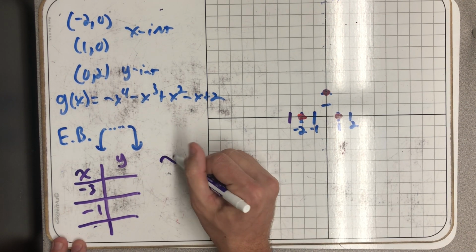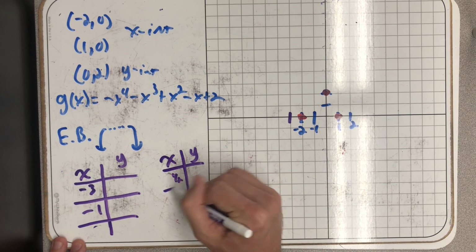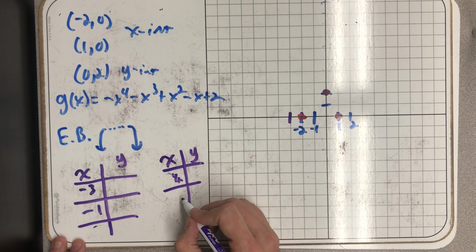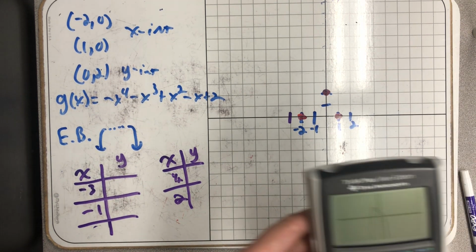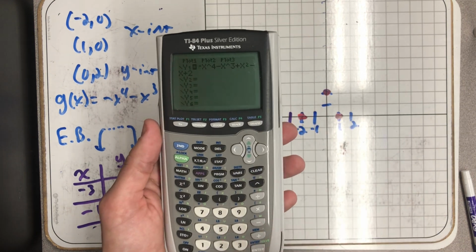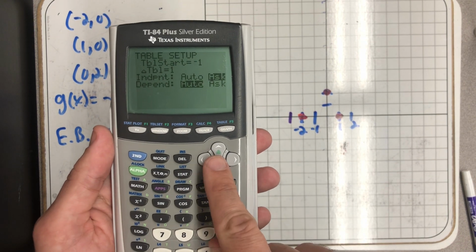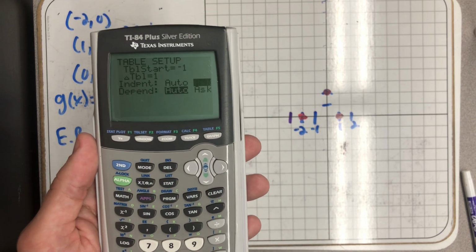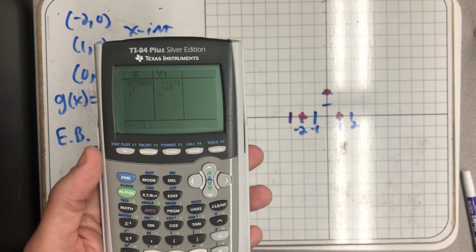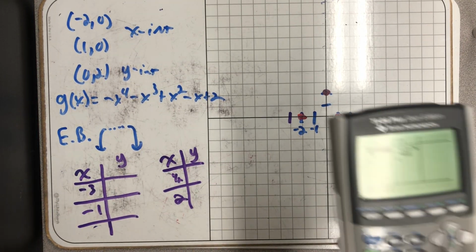So you know what? I do think I'll just create a second little table over here. Positive 1/2 and 2. Since I've already typed my function into my graphing calculator, a neat trick: if you hit second, table setup, you can make the table ask for the independent variable. You can then hit second, table, and type in whatever values you want for x.